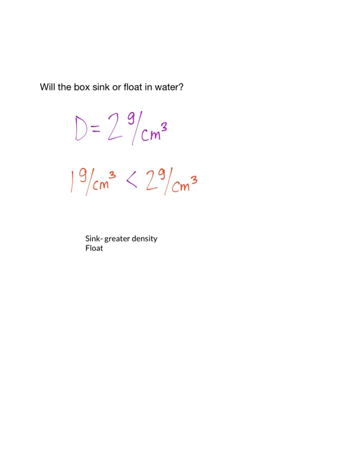If the object had a density that was less than the water, then it would float. So if I ever ask you on a quiz or on the test if something sinks or floats, you're going to have to compare the densities. If the density of that object is greater, it will sink, and if the density is less, it will float.